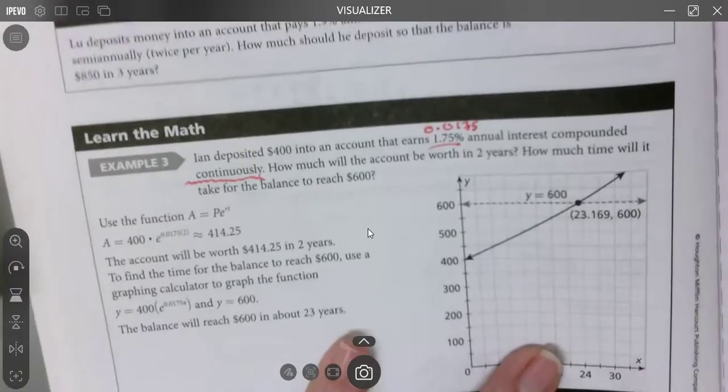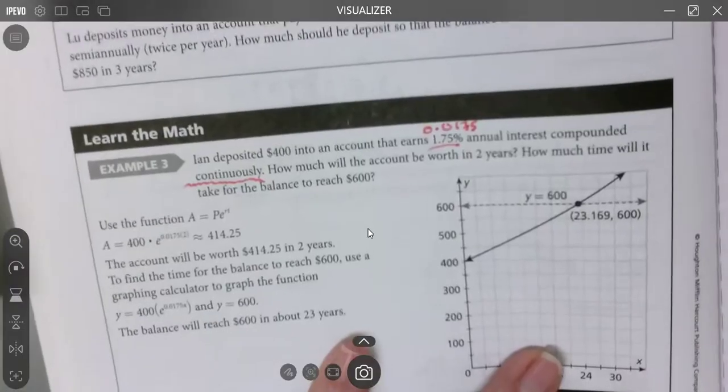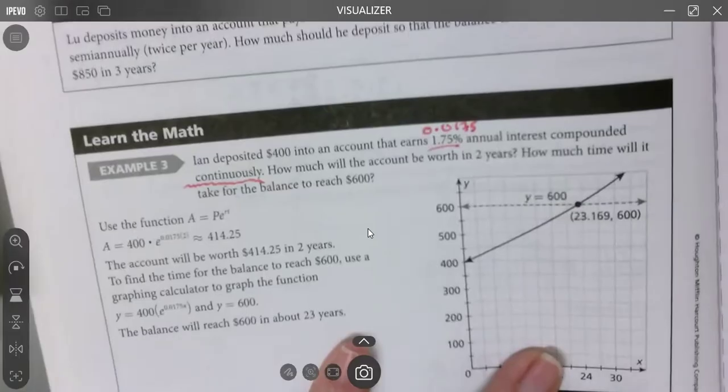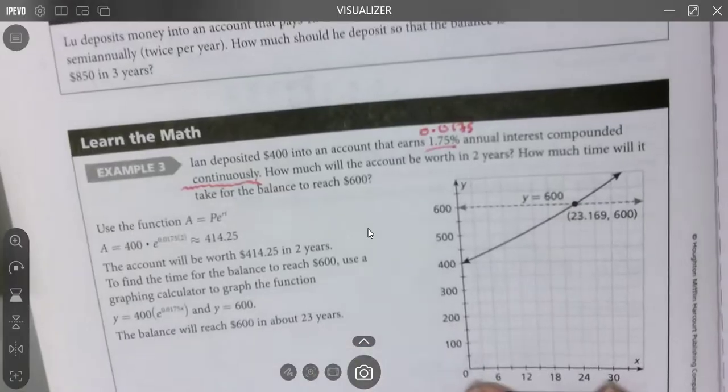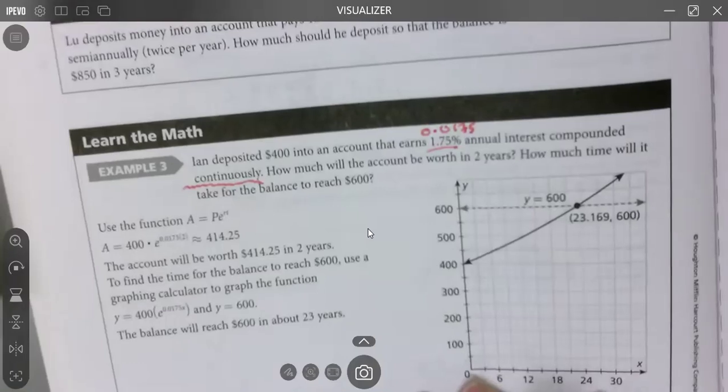Well, some guy named Euler kept playing with that. He's like, well, what if you compounded it 1,000 times in a year? What about 10,000 times in a year? Wait. What if you compounded it 100,000 times in a year? What would that look like, right? And so he realized that this number that he kept getting, even though his N was changing, kept getting closer and closer to like 2.71 or something.